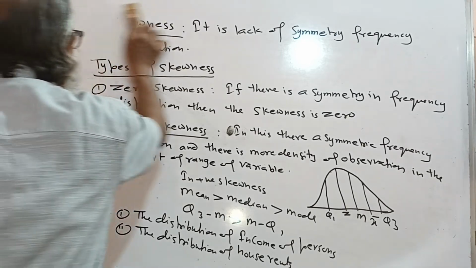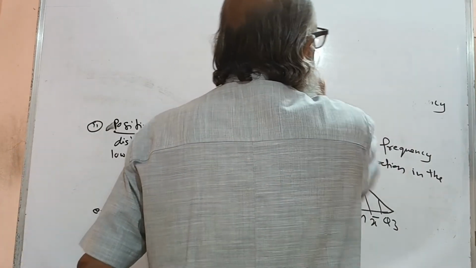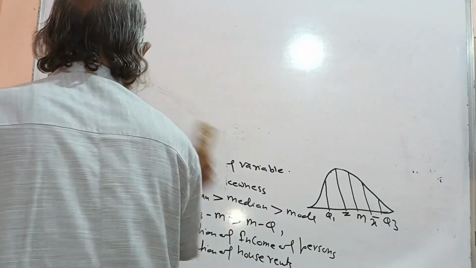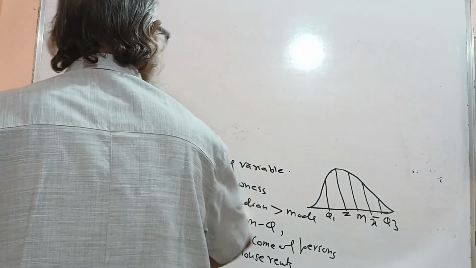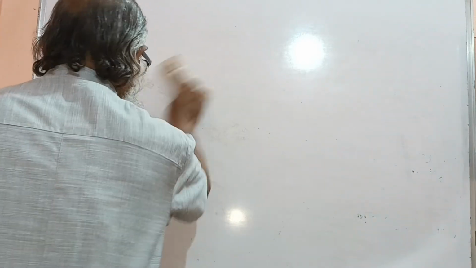Then the third one is negative skewness.